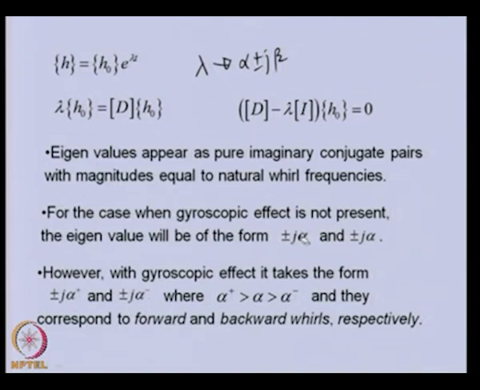So, we will have the splitting phenomenon of the natural frequency because of the gyroscopic effect, and one will be less than this, another will be more than that. The lesser one we call backward whirl, and the higher one we call forward whirl.